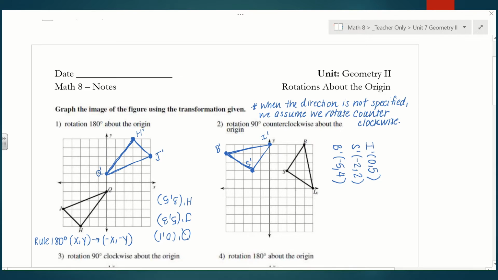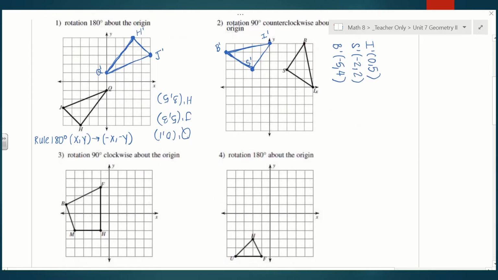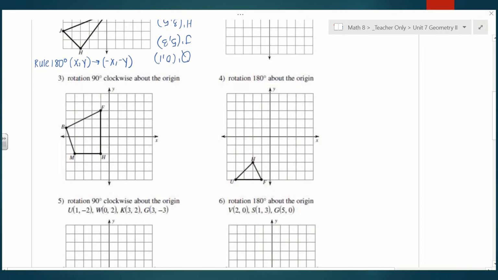Okay, let's go down to number 3. So here we are rotating 90 degrees clockwise. So clockwise means you're turning your paper once to the right. I'm going to write down my new points. Again, if my points don't look right to you, it's because your paper wasn't turned the right way.